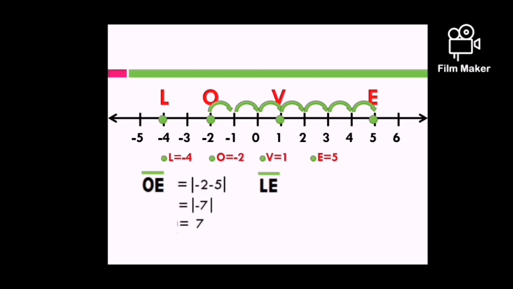So let us find the absolute value of the difference of the coordinates of point L and point E. So we have the absolute value of -4 minus 5. -4 minus 5 is equal to -9. The absolute value of -9 is 9. So the measure of segment LE is 9.